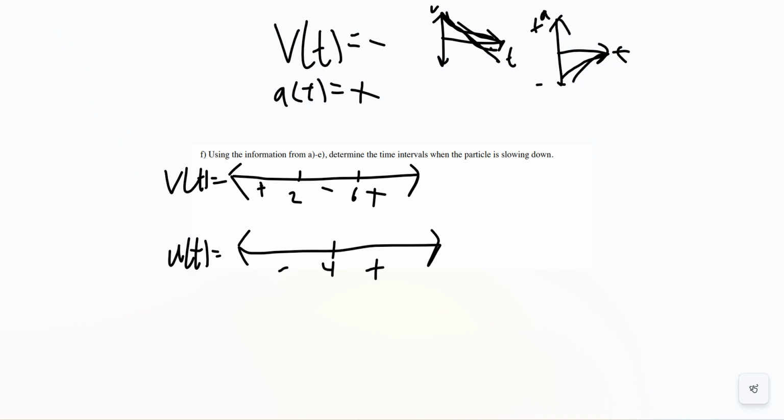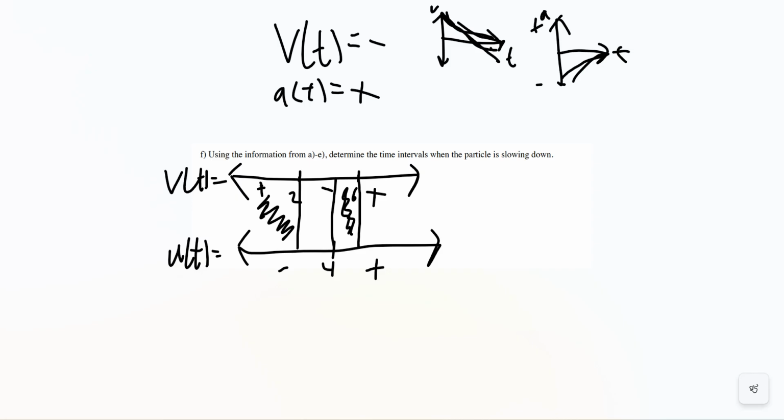So as you can see, there are 2 different signs here. We're going to put a line right here and shade it in, meaning that this is slowing down. From 4 to 6 we also have different signs. And because it's negative here and 2 to 4 is still negative, that means it's speeding up, and because these two are both positive, they're increasing in the same direction.